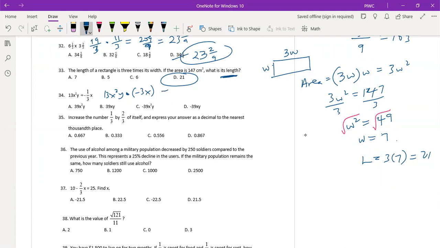If you multiply this out, we have negative 39x cubed y.